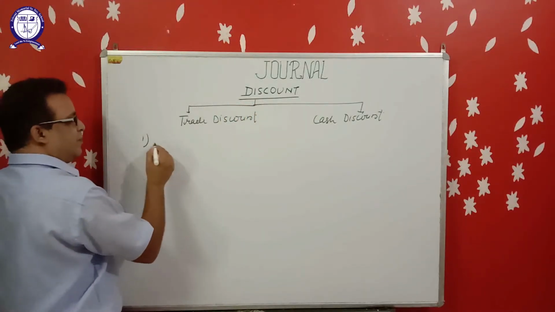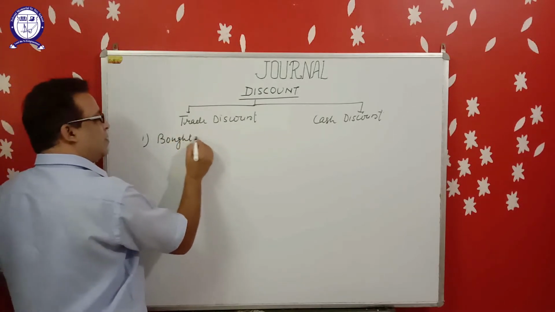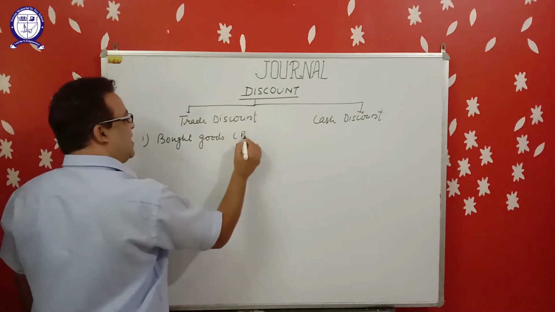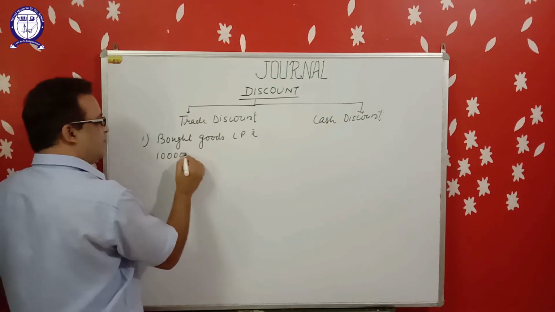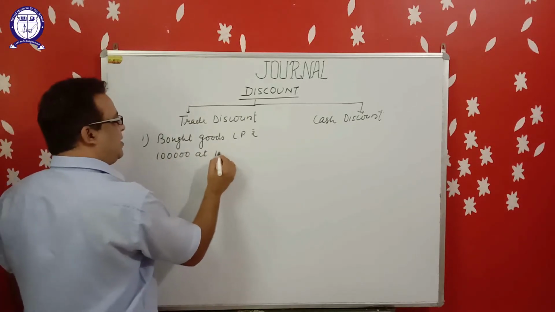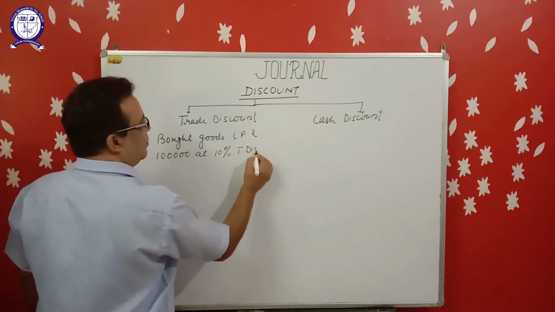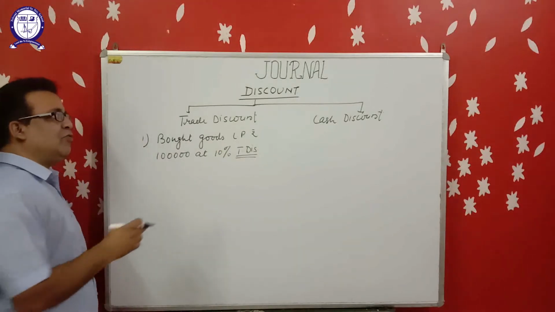Transaction: bought goods, list price rupees 1 lakh at 10% trade discount. One more point related to trade discount.